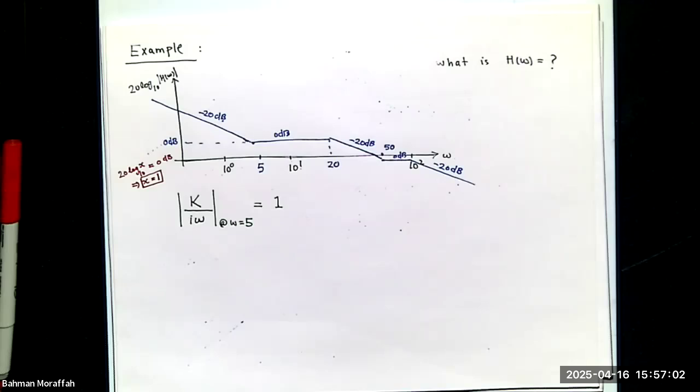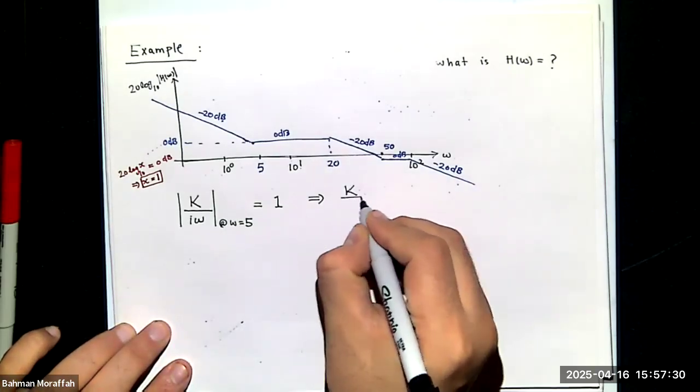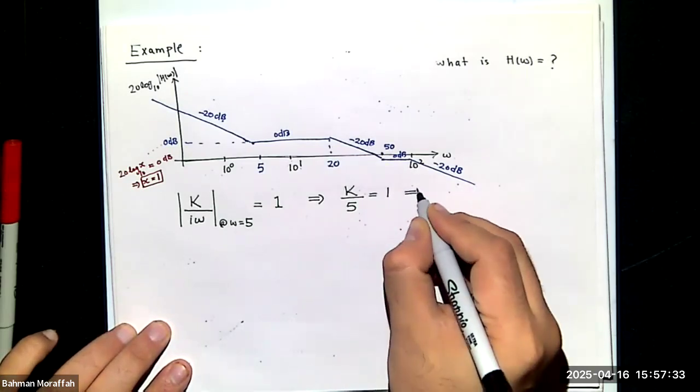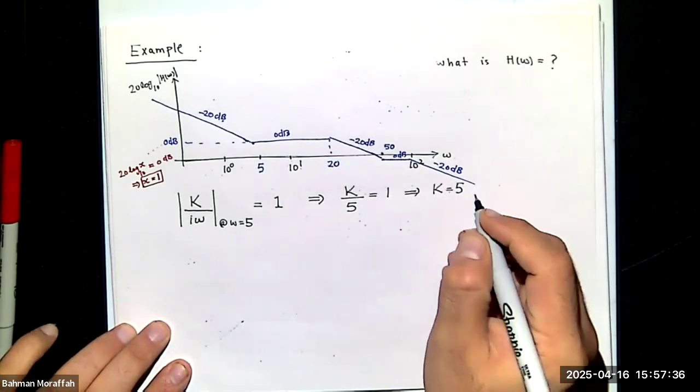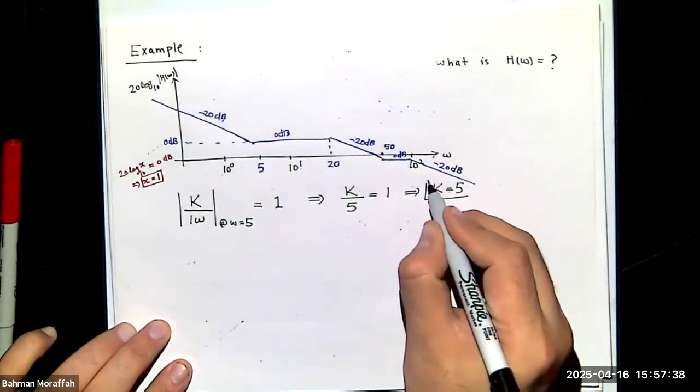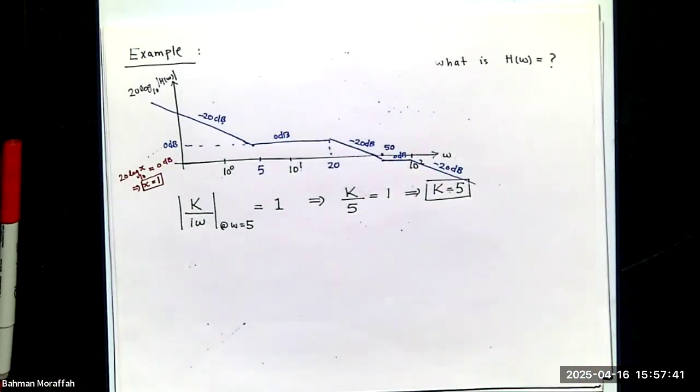But this number is 0 dB, which on a linear scale is just 1, because 20 times log 10 of something is 0, and that something must be 1. So I know k over this I omega, evaluated at 5, must be 1. What is k then? This tells me k over 5 equals 1. Therefore, k is 5.